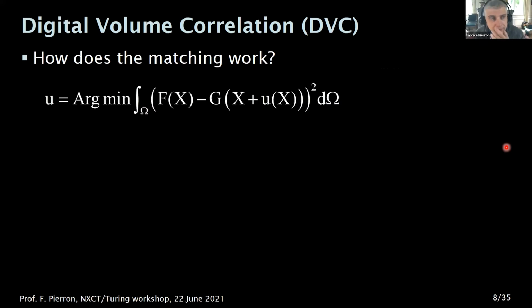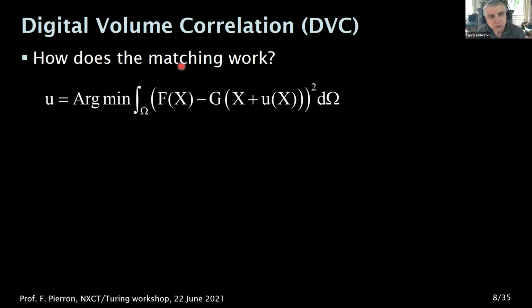So how does it work in practice? Well, in practice, what we write is the optical flow conservation. If you consider that F is your initial undeformed image and G is your deformed image after loading, then the matching consists in identifying a displacement field, U, in each position X, where X is the space variables, so that the deformed image G of X plus U matches the initial image F. And so you build up a least square problem with that, and the solution is the minimum of that function.